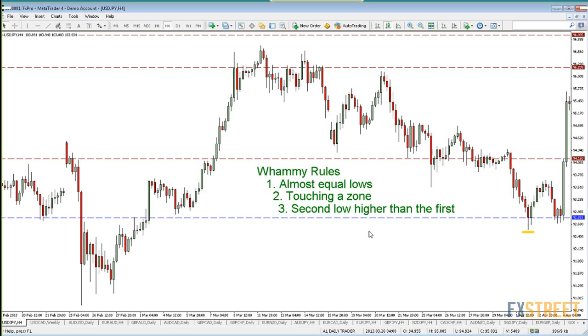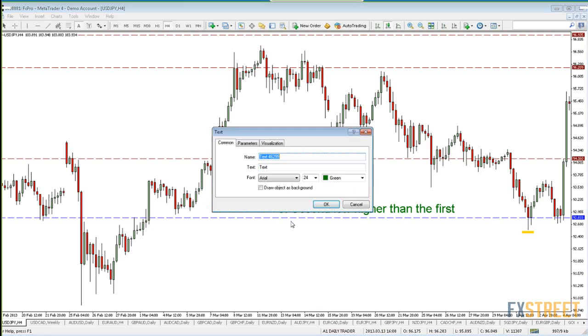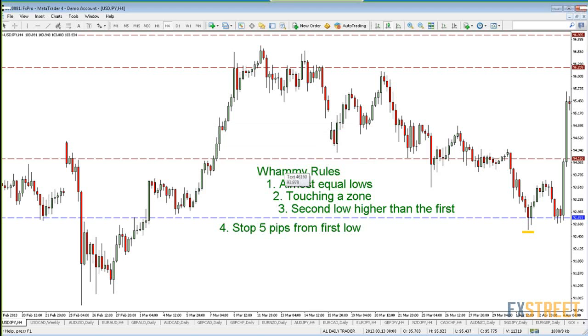So it's a double bottom, but it's a double bottom with very specific clues. Okay, I'll put that on there as well. Stop below the first low. So 5 pips below the first low. And then number 5 is the buy order goes 5 pips above the trigger candle, which is a bullish candle in this case.